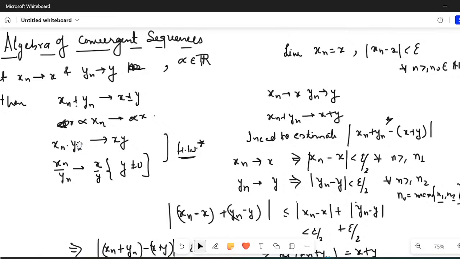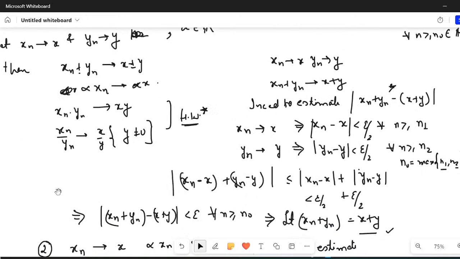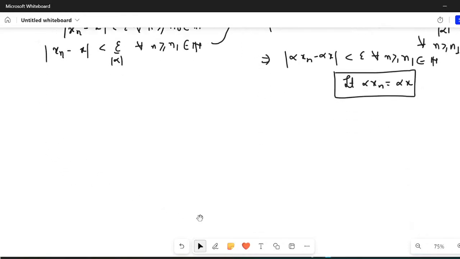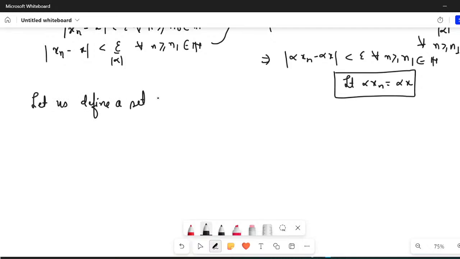Now you see, if I want to write a few more things about this algebra of convergent sequences, then what could those things be? So let us define a set C of convergent sequences of real numbers.